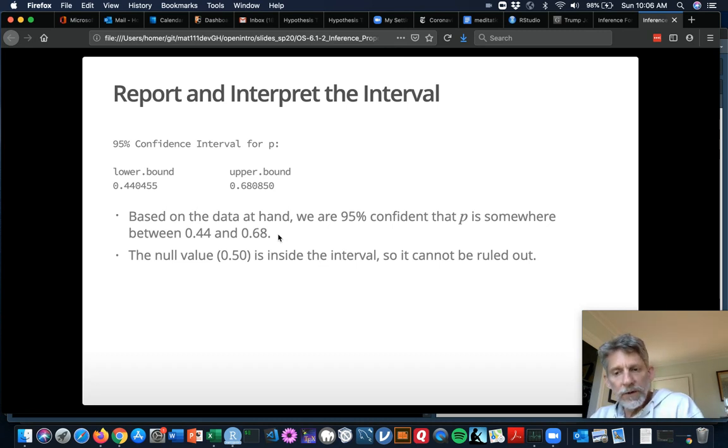There are majority female values in the interval. Well, since there are minority values in the interval, it's reasonable, based on the data, that one could believe that a minority of Georgetown College students are female. We just can't rule out the idea that half or a minority might be female. The null value is inside the interval.